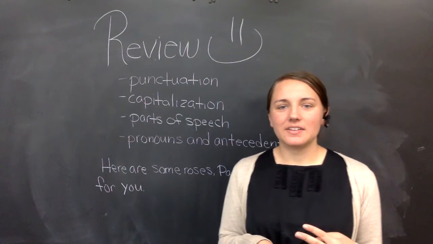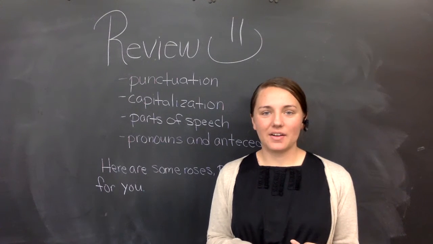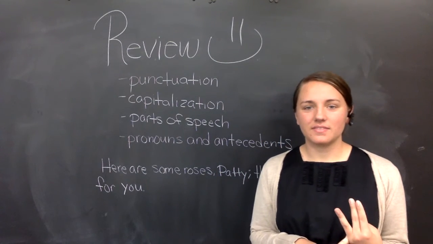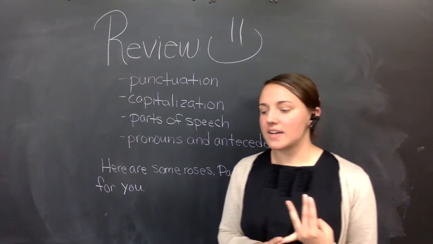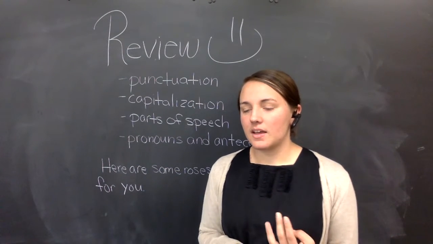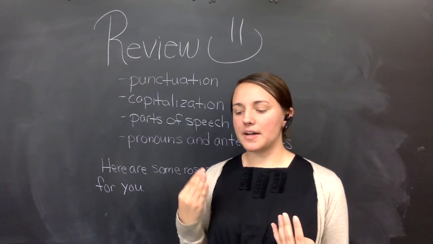What's a pronoun? A pronoun is a word that takes the place of a noun. What is an adjective? It's a word that describes a noun. It answers which one, what kind, how many, how much, and whose.